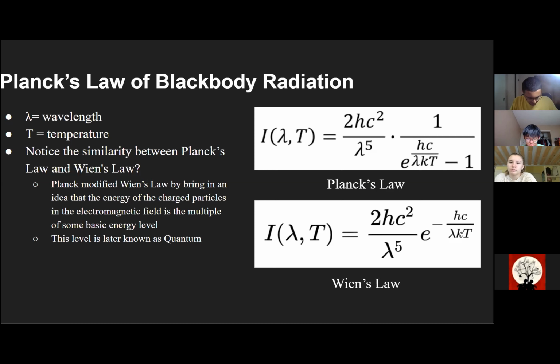He made a small assumption that the energy of charged particles in the field is some multiple of a basic energy level, which would later be known as a quantum. This makes him the first one who actually used the idea of quantum physics.